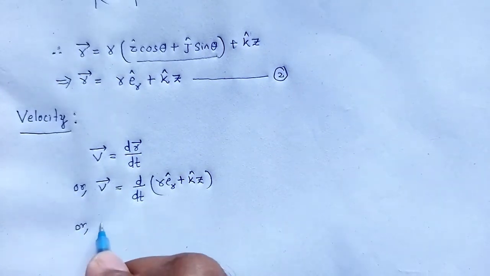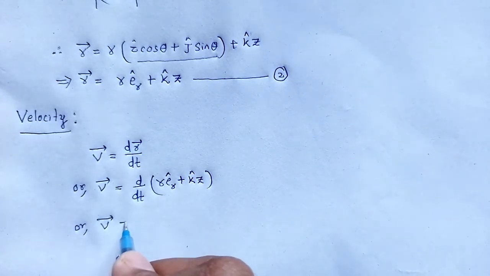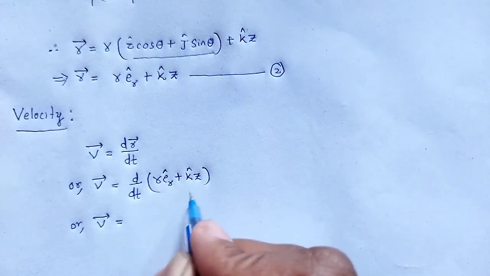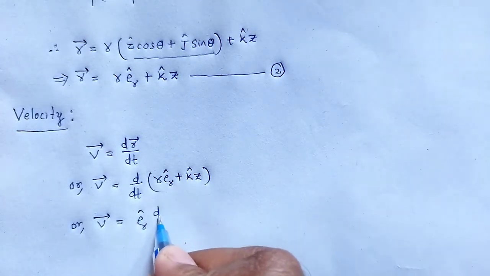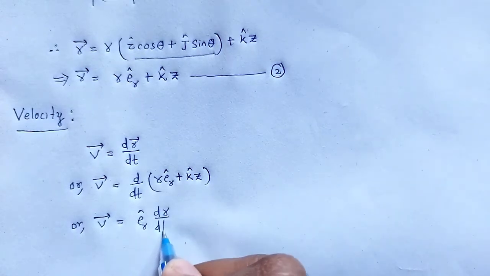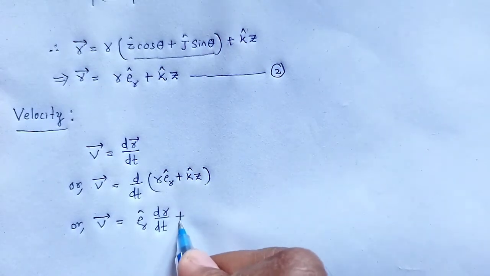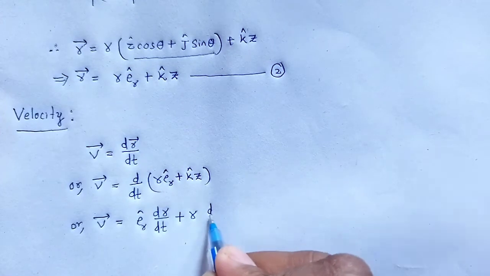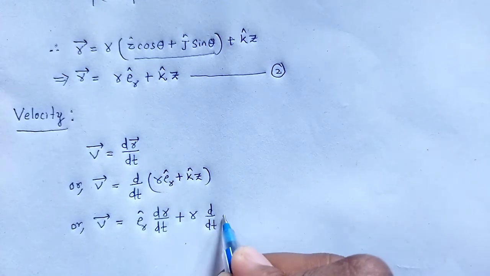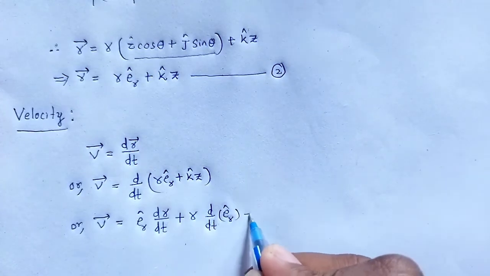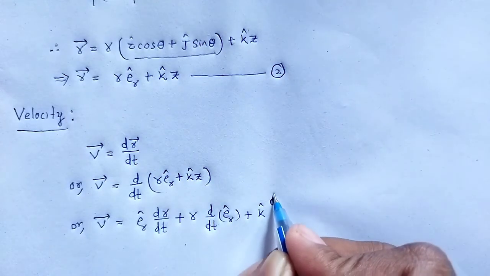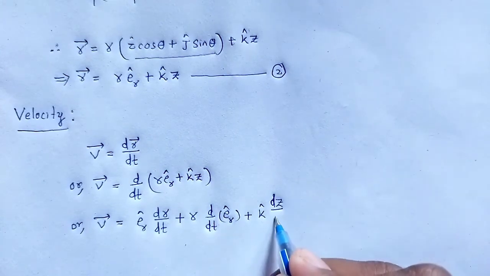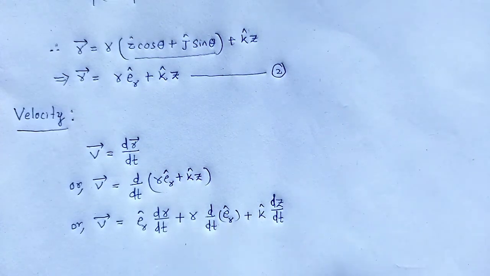Or v vector is equal to, differentiating, e r cap dr by dt plus r d by dt of e r cap plus k cap dz by dt.